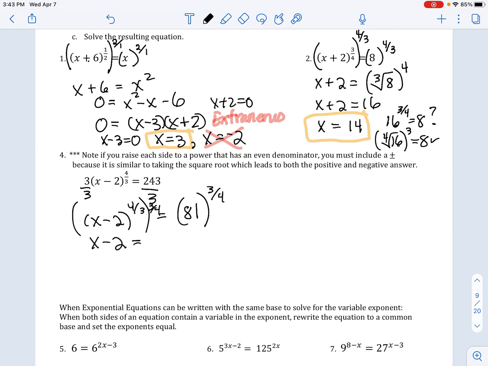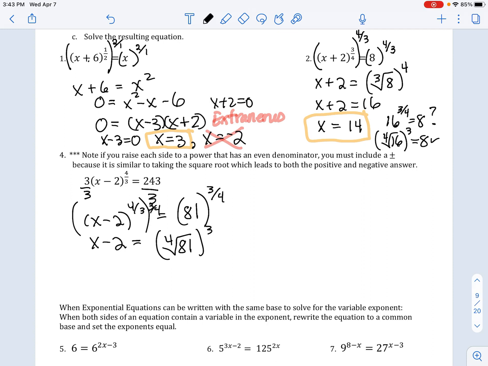All right, on the left, x minus 2. And on the right, this is going to be the 4th root of 81 raised to the 3rd power. The 4th root of 81. Well, that can be 3 times 3 times 3 times 3. That could be negative 3 times negative 3 times negative 3 times negative 3.